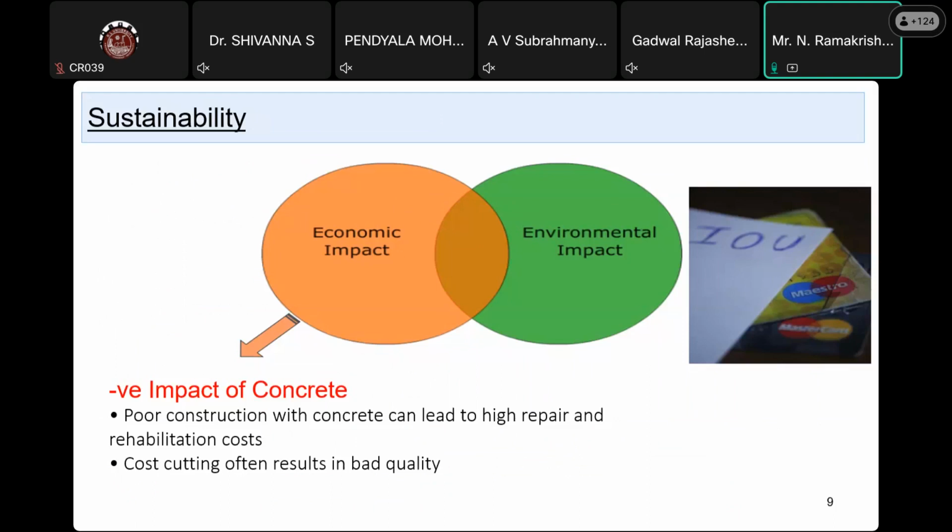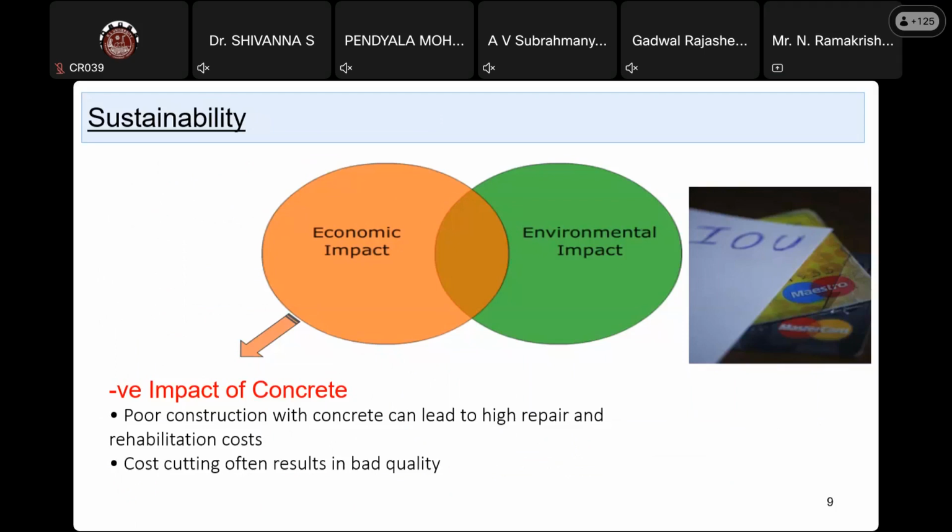So he has started comparing human to concrete right from birth to death, and how the resistance of the early stage is going to help in the last stage of your life also, right? Why I talked all this is poor construction practices.